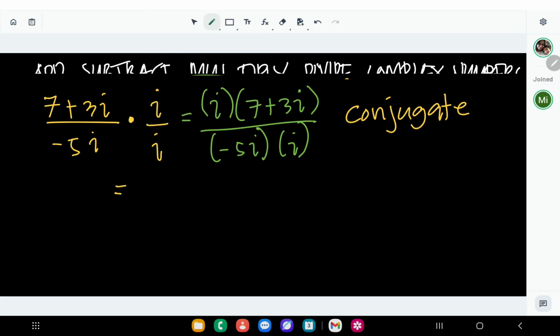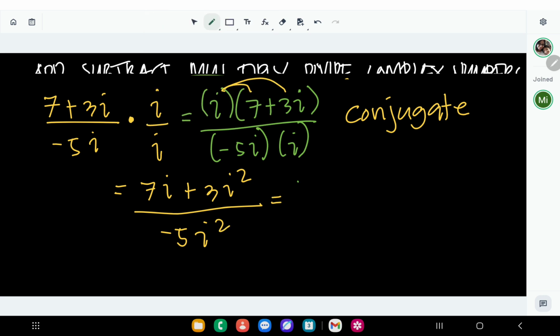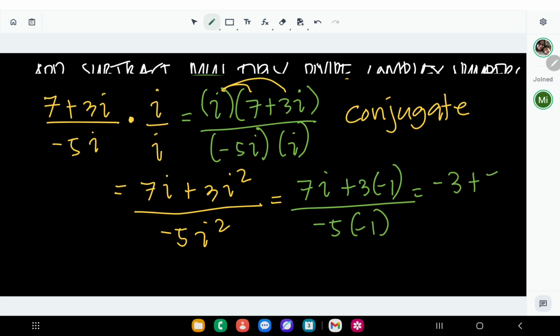Then we distribute i. So this is 7i plus 3i squared over negative 5i squared. Then we simplify. So this is 7i plus 3 times negative 1 over negative 5 times negative 1. And this is just negative 3 plus 7i over 5.